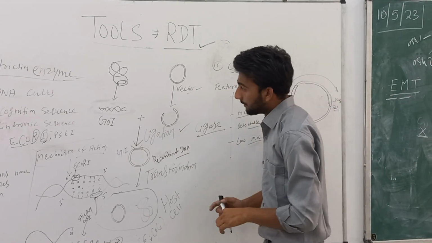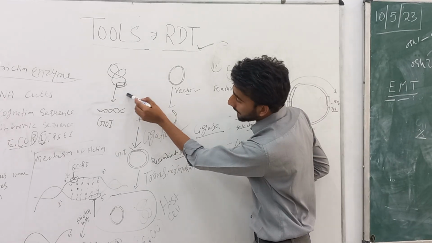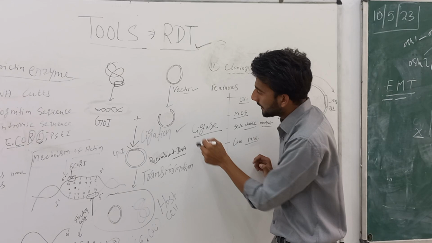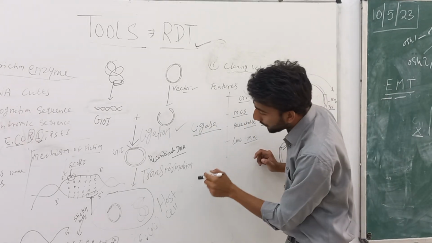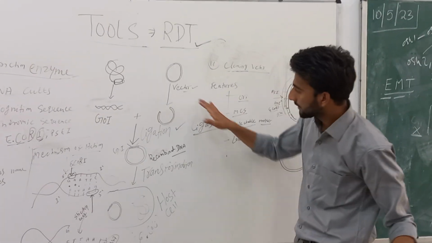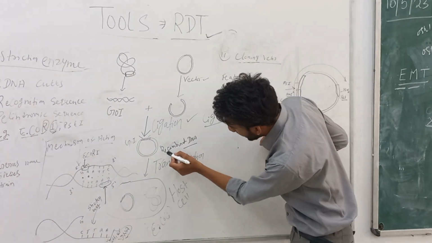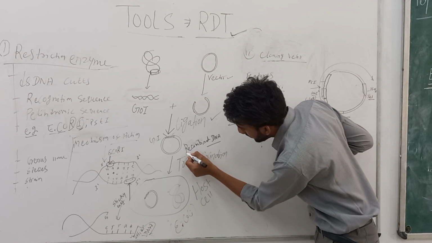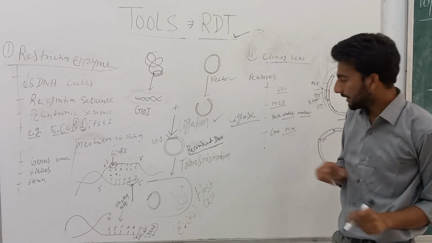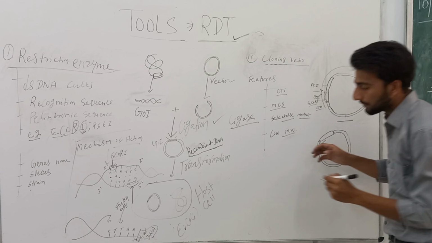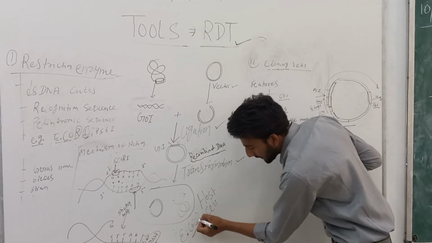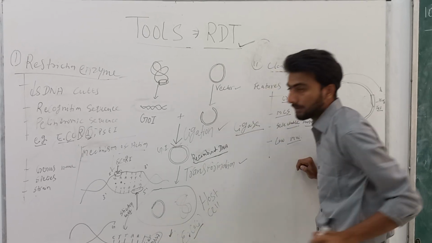Now, what did we do? We found our gene of interest by restriction enzymes. We ligate our gene of interest into the cloning vector and we make a recombinant DNA. Now we have to transform this cloning vector into the host cell, like E. coli, for the production of the protein.